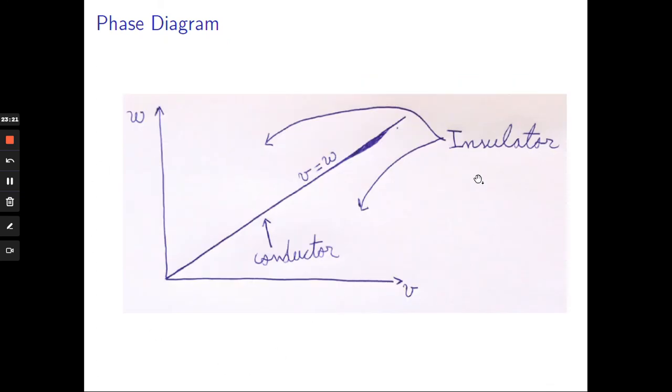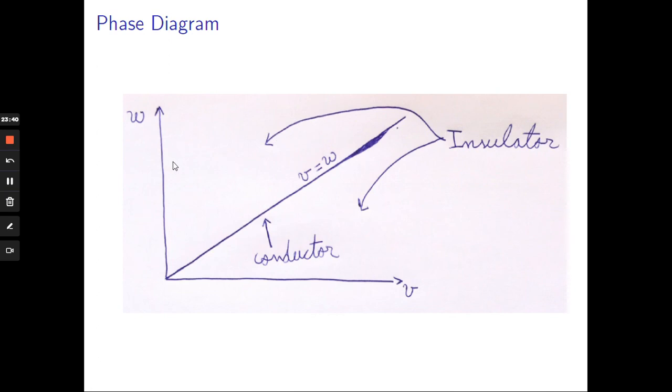And so if we draw the phase diagram, we end up with this. For each value of W and V, we have a different system, so to speak.